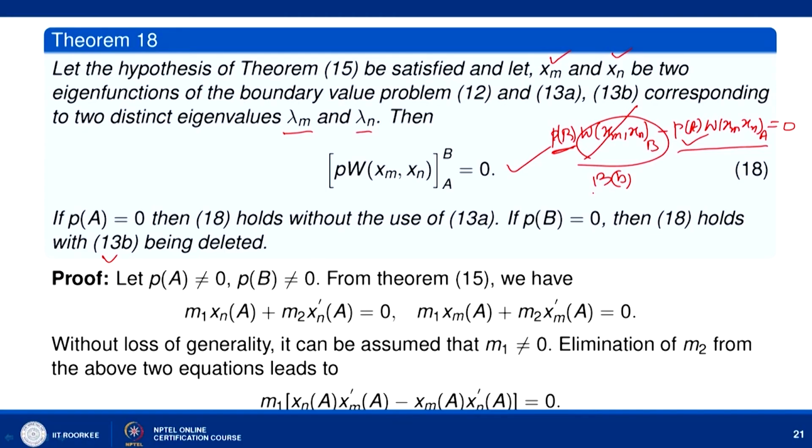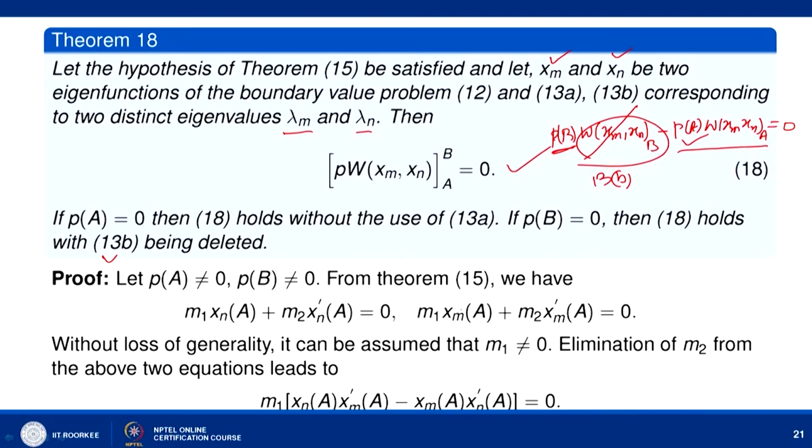From this theorem, since xn and xm are both solutions, they must satisfy the boundary condition, that is, m1 xn(a) plus m2 xn dash(a) equal to 0, and similarly xm will also satisfy the boundary condition, that is, m1 xm(a) plus m2 xm dash(a) equal to 0. Here let us assume that m1 is not equal to 0, because if m1 is equal to 0, then this is quite easy.